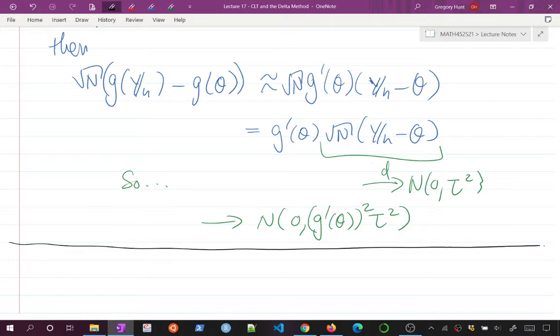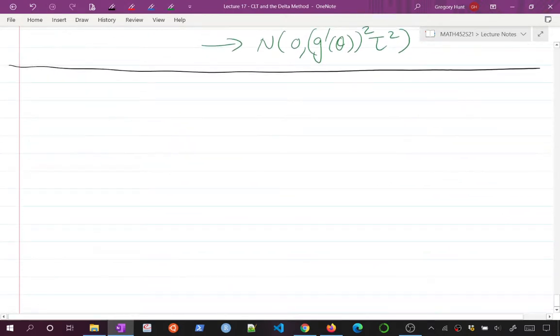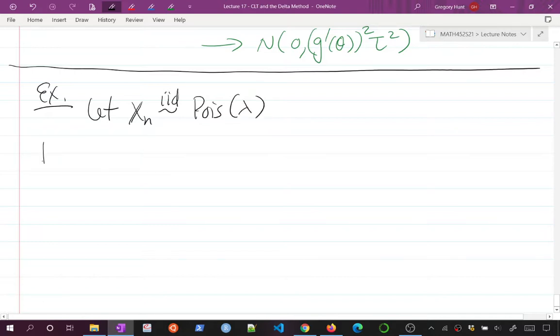Maybe we'll do one more example. Let's say Xn are IID from some Poisson distribution.